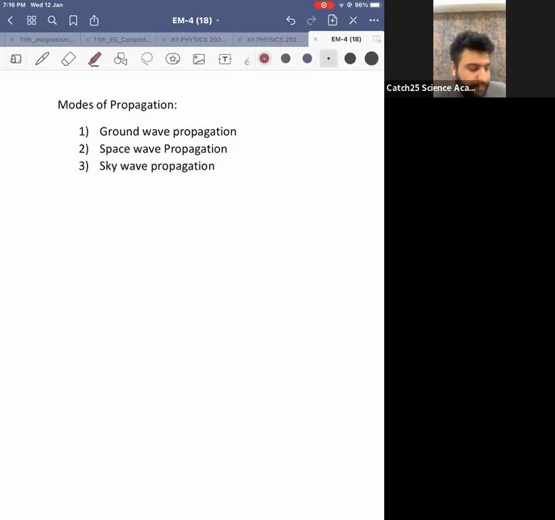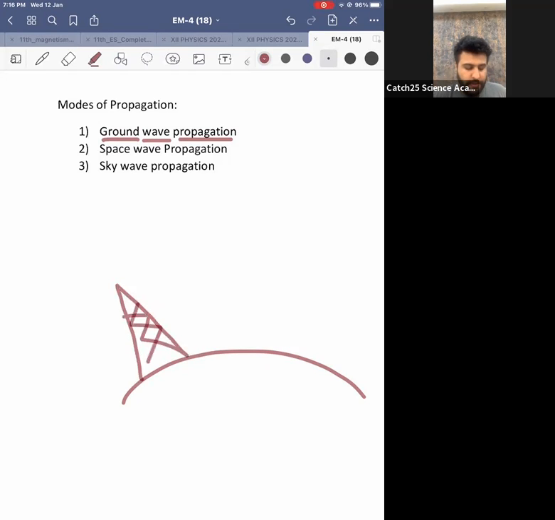So look at the first one, ground wave propagation. Now let me draw the diagram. Just imagine, you might have seen mobile towers like this. Maybe this will be a transmitting antenna, and maybe this will be a receiving antenna.